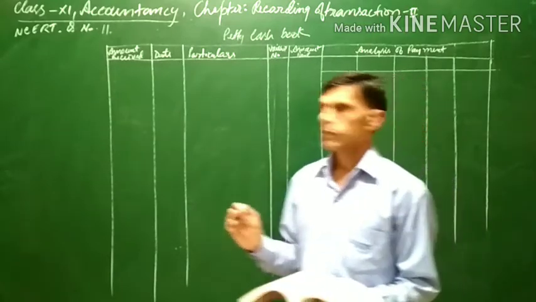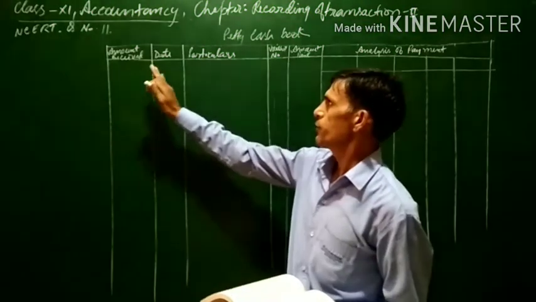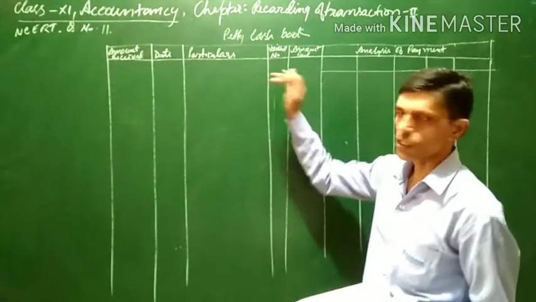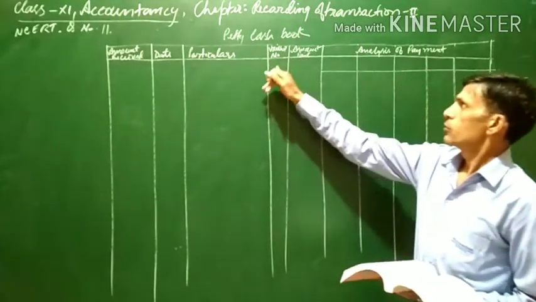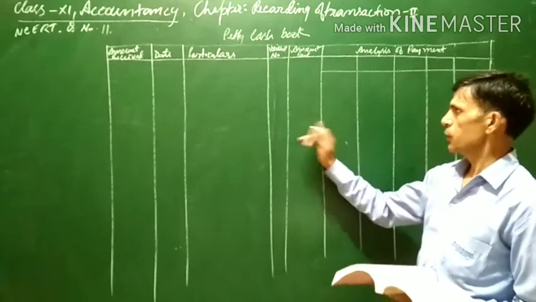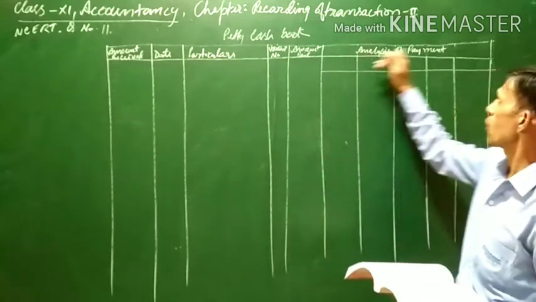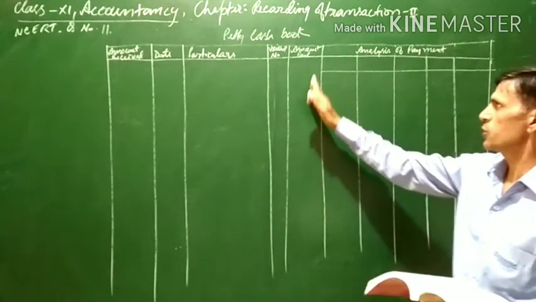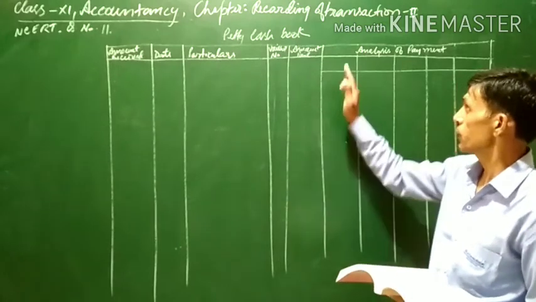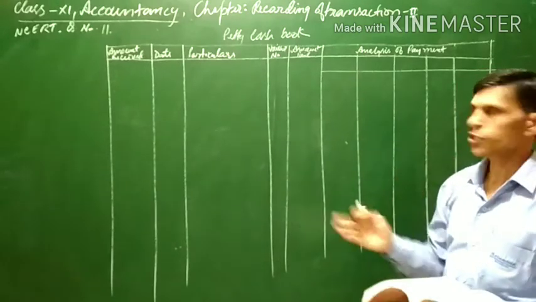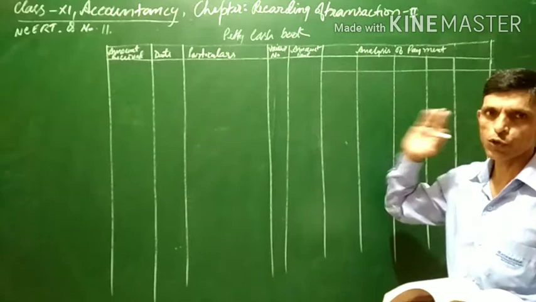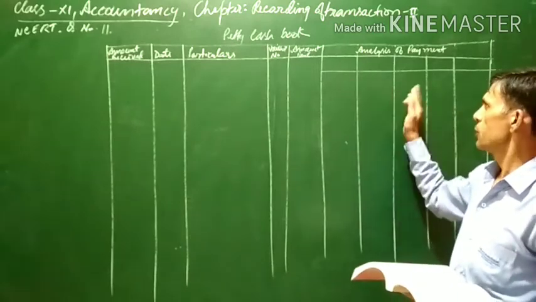First of all, the columns are: amount received, particulars, then voucher number, then amount paid. Whatever payment is made, the total amount will be written here, and for every transaction the payments will be grouped, and an analysis of the payment will be done.